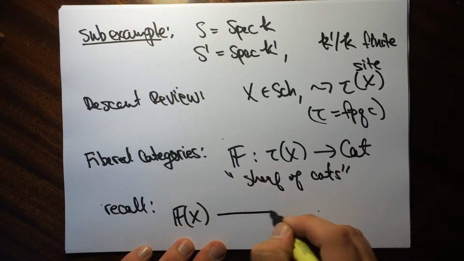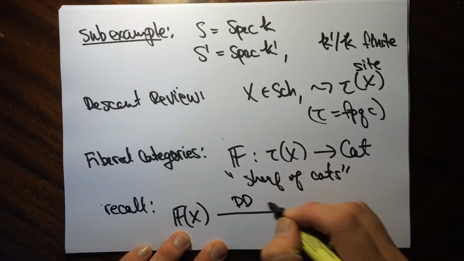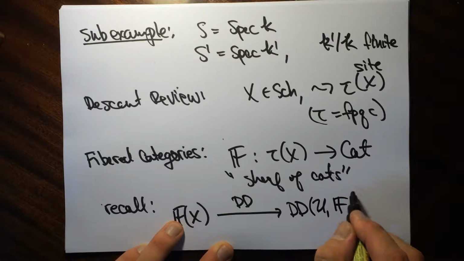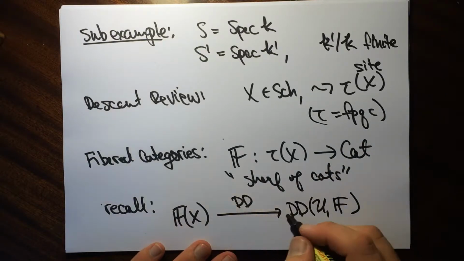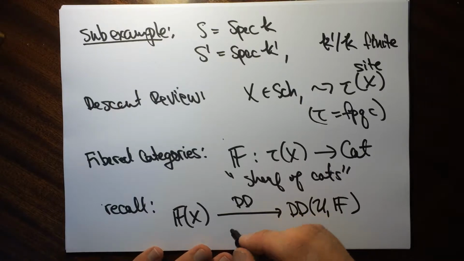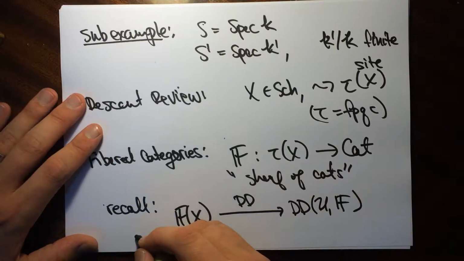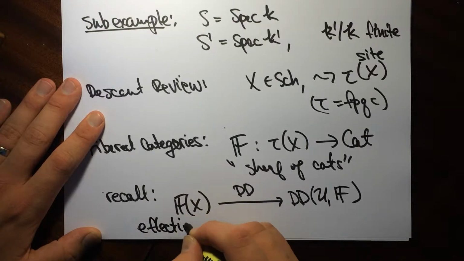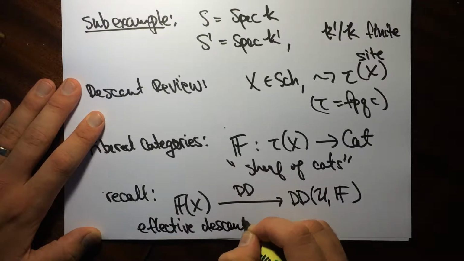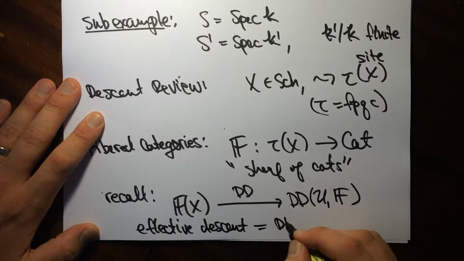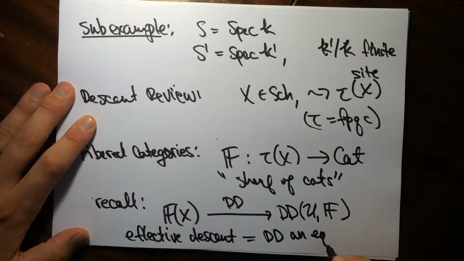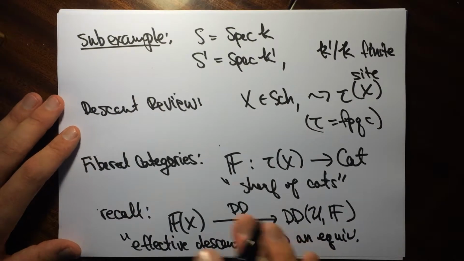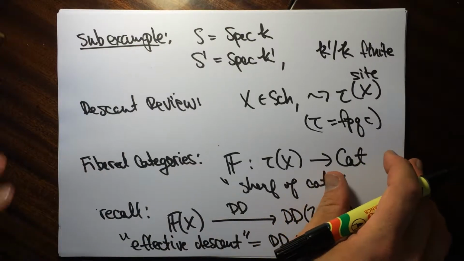And to the global category, there's this descent data functor, where when we fix an open set, we can take descent here. And when this is an equivalence of categories, we say that it is effective descent. So effective descent means DD is an equivalence. Okay, that's what we have, and then there are some videos on this on the channel already.